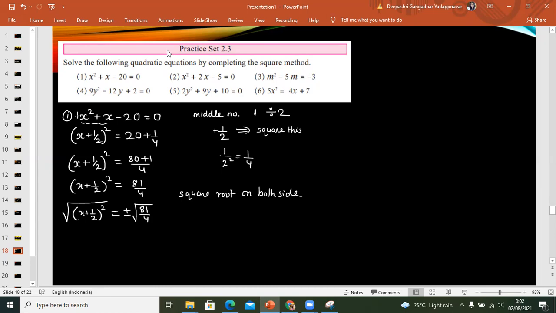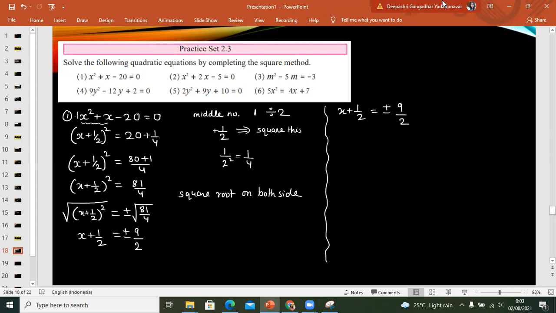This square root sign and this square value 2 will cancel, and we will get only x plus half here. And here we will get plus or minus square root of 81 is 9, and square root of 4 we know is 2. Okay, next step I am writing on the other side. We got x plus half equals plus or minus 9 by 2.